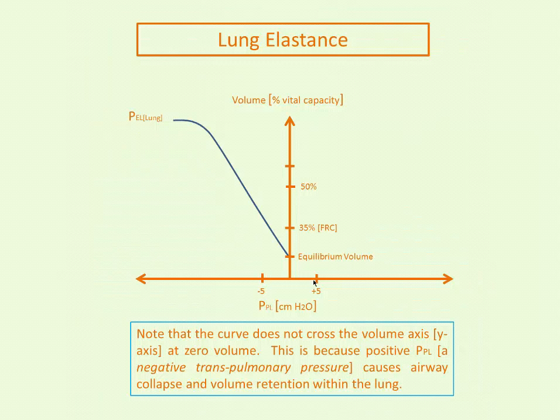It's a little bit difficult to wrap your mind around these kinds of double negatives, but this causes airway collapse. You can imagine as the positive pressure outside of the airways pushes down on the airways and collapses them, volume is retained within the lungs, so the volume doesn't ever really get to zero. It gets to this somewhat positive volume, and that is the equilibrium volume of the lung.